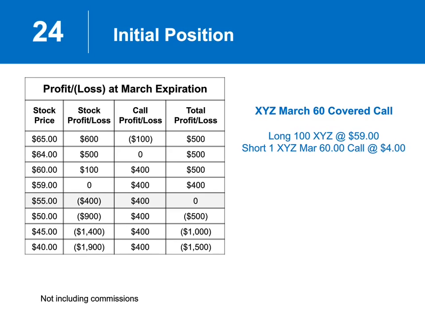really this position works. To the upside, above $60, our return from this position maxes out at $500, no matter how high the stock goes. To the downside, once we go below that break-even point at 55, we lose point for point with the stock.